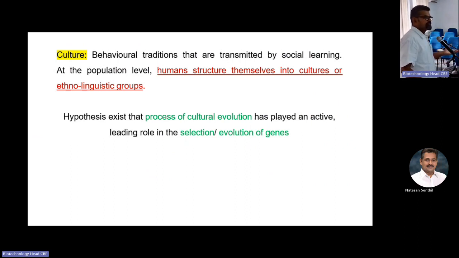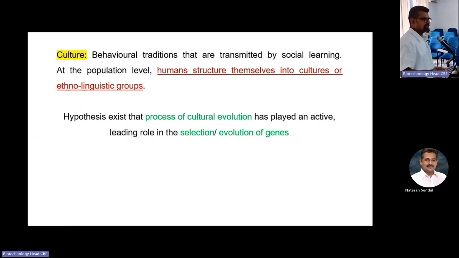At the population level, humans structure themselves into different cultures or ethno-linguistic groups, right? For example, the Aryan race in North India, the Dravidian race in South India, Mongoloid races in the northeast part of India also, and of course, different groups, right? The linguistic groups, there are 4 to 5 major groups for different world populations that have been classified.